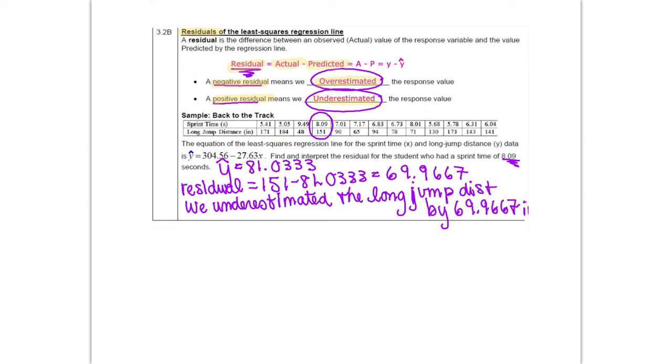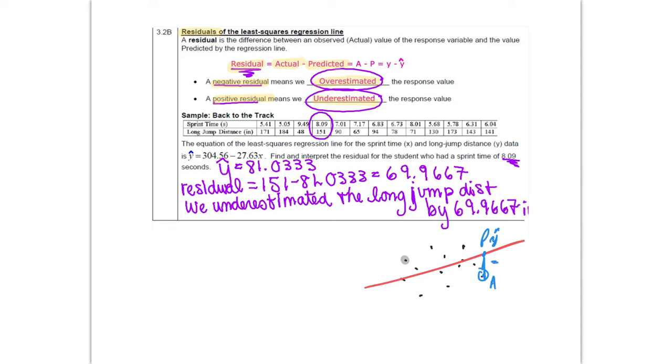So what that looks like is, let's say we have our data, and our least squares regression line goes through, and let's say we pick a point here. Well, we have our predicted value here, y hat, for some particular explanatory variable, and then we have our actual value.